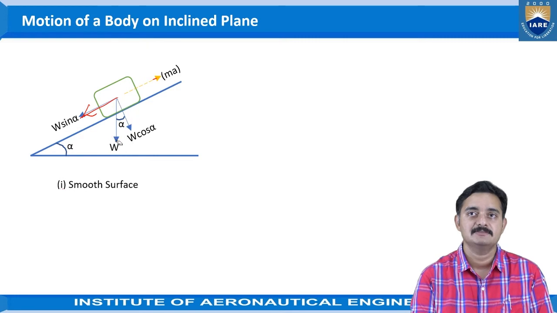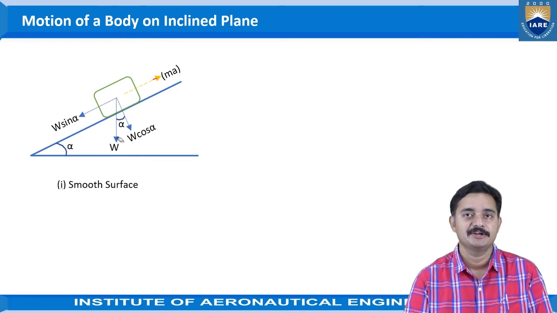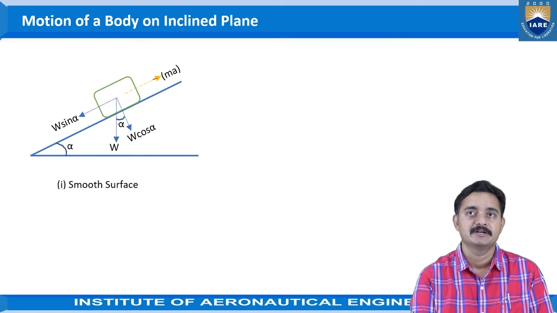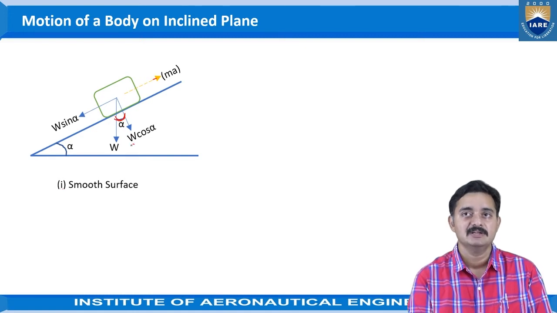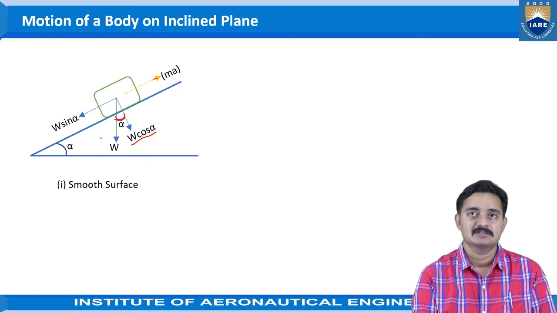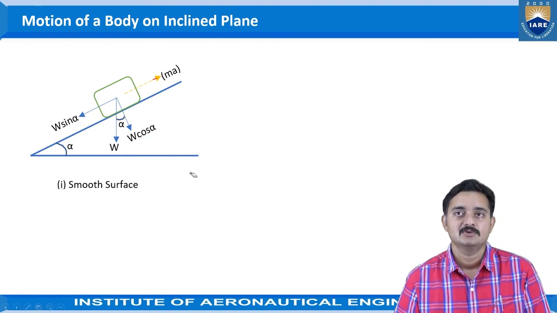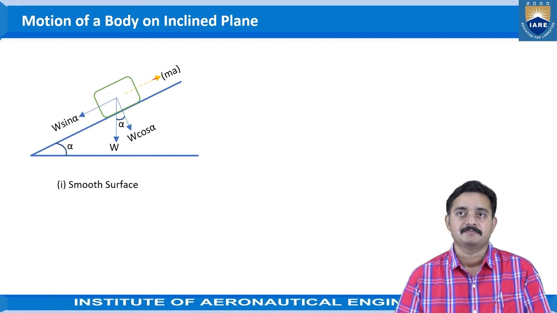So the object is placed on an inclined plane, and that's the reason this weight is being resolved into mutually perpendicular components. According to the triangle principles, we obtain the inclination alpha here. So the component normal to the plane would be W cos alpha, and along the plane would be W sin alpha. This is about the smooth surface and the consideration of inertia force in the system.